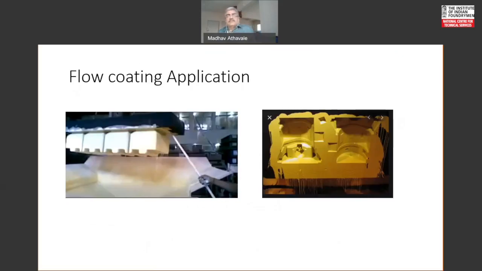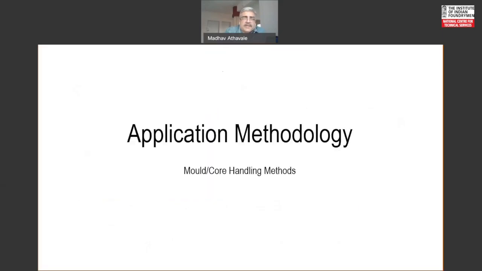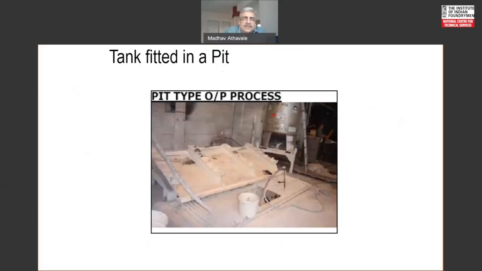And here are some examples, some photographs. Here is a typical flow coating station with a pit here, because the excess coating flowing down will get collected, and it will get recycled after filtration and adjustment of the consistency, etc. And this is the stand on which the mold will be kept.